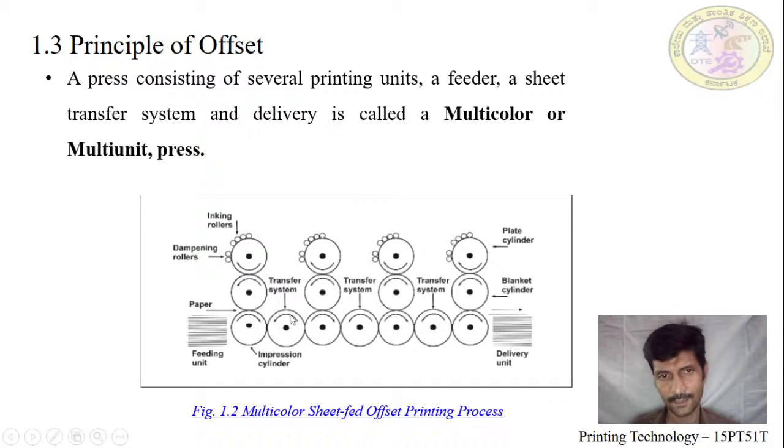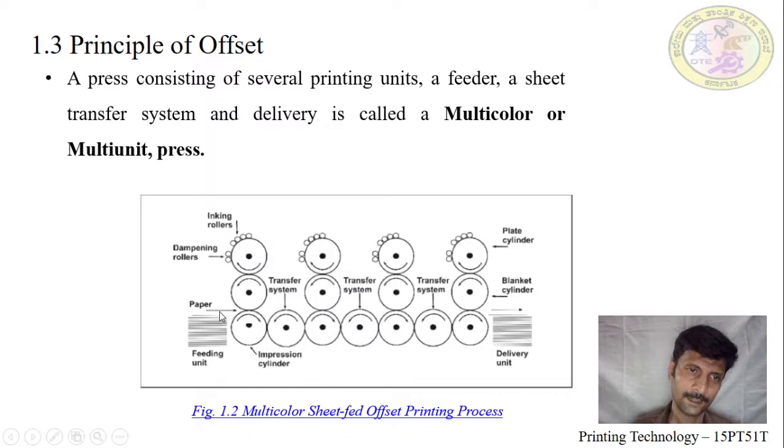Between each printing unit we have a transferring system to transfer the printed sheet from one printing unit to another. This is the pile board, this is the delivery board. The pile board holds the unprinted sheet, and the delivery board holds the printed sheet.